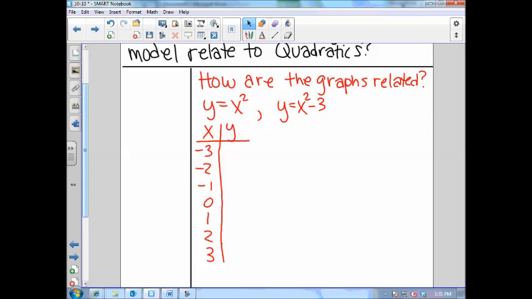Plug them in. See the equation x squared, all you have to do is take the x and square it.